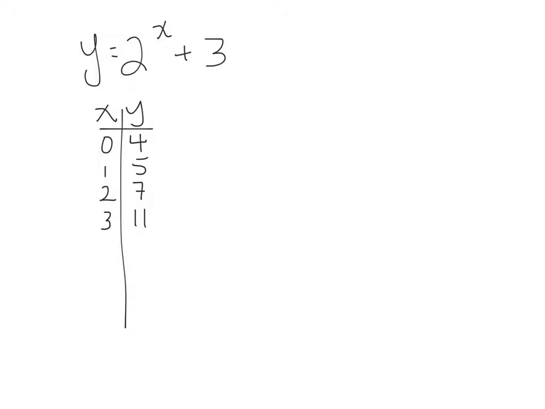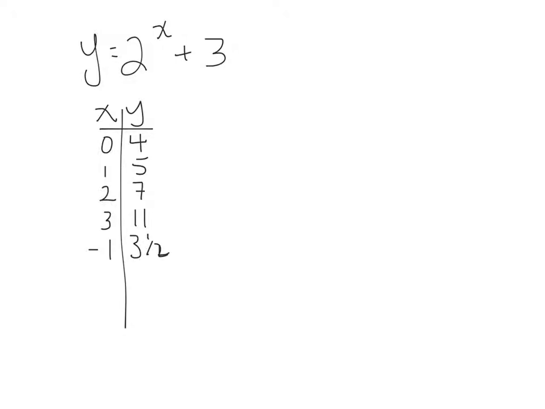But notice also if we put in, let's say, negative 1, we're going to get 2 to the negative 1, which is 1/2. So now instead of getting essentially 1/2 and then 1/4 and then 1/8 and closer to 0, what we're getting is 1/2 plus 3 and 1/4 plus 3 and so forth. So we're getting closer and closer to 3.